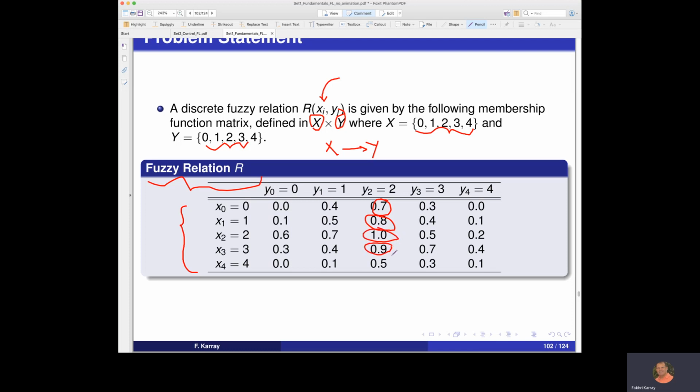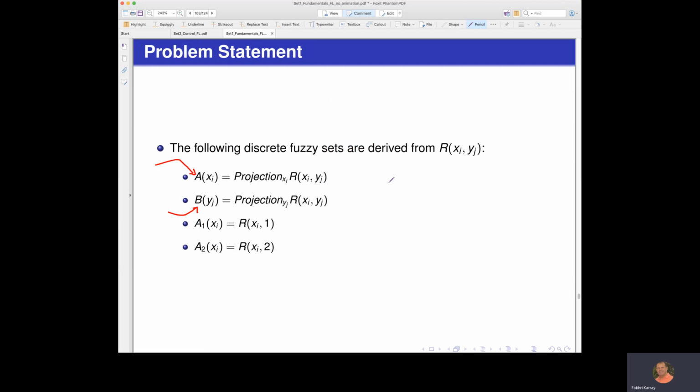It occurs that all the maximums occur at one particular element, which is y2 equal to 2. This is by coincidence, but that is going to be the case for this particular example. So this is the definition as we are doing it. And then we take the notion of A1(xi). So what is A1(xi)?